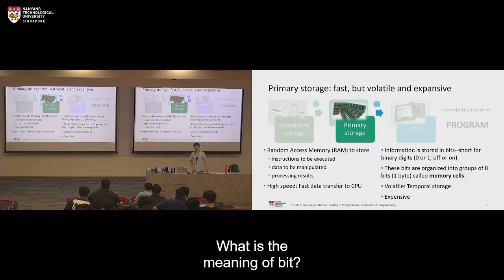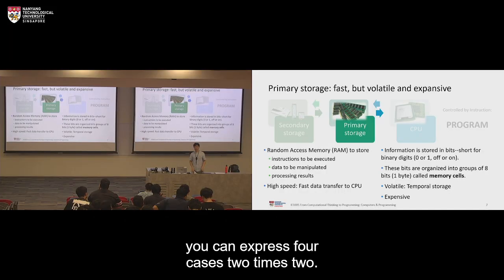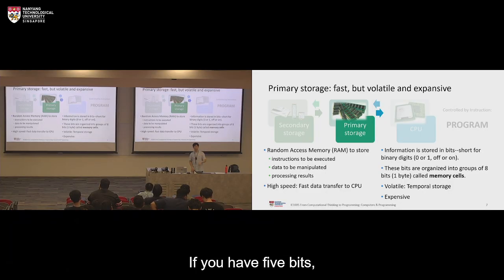What is the meaning of bit? A bit is one pair of 1 and 0. So if you have 1 bit, you can express 2 cases. If you have 2 bits, you can express 4 cases, 2 times 2.